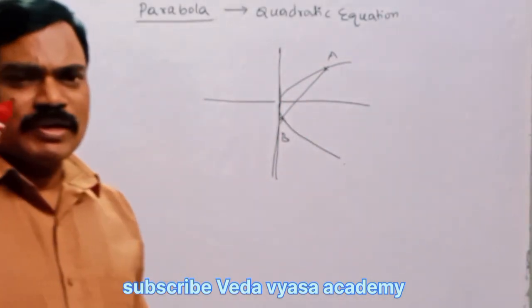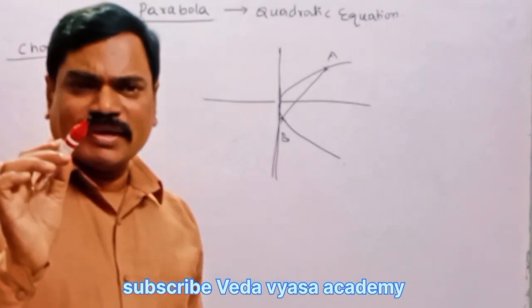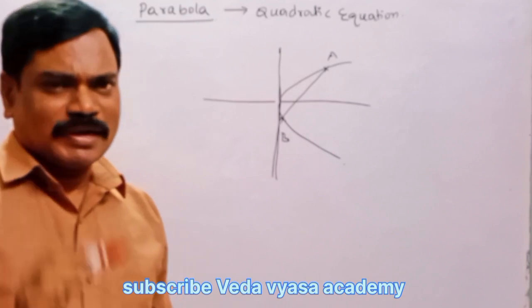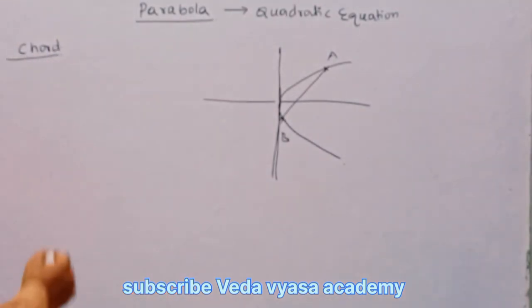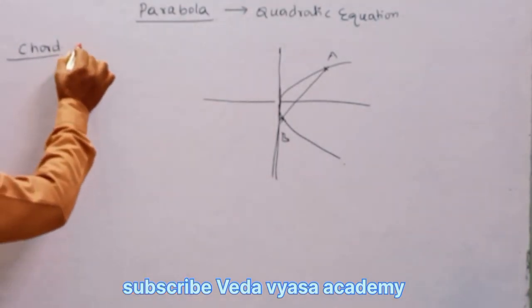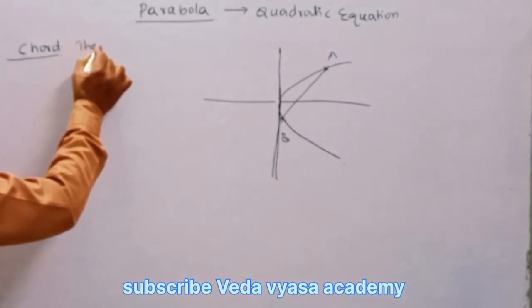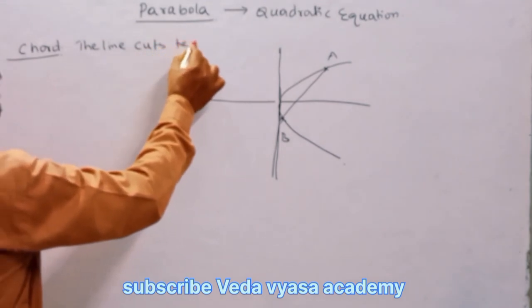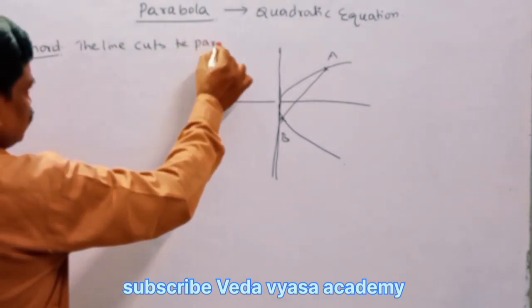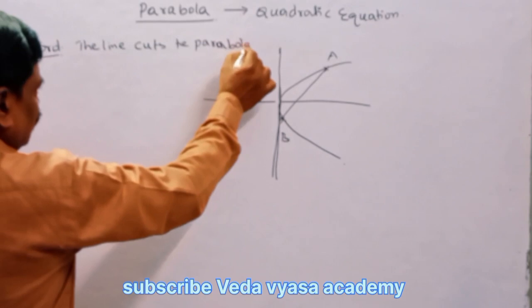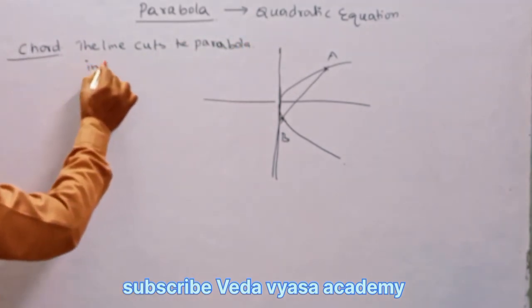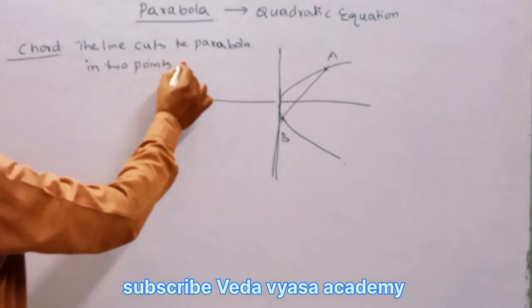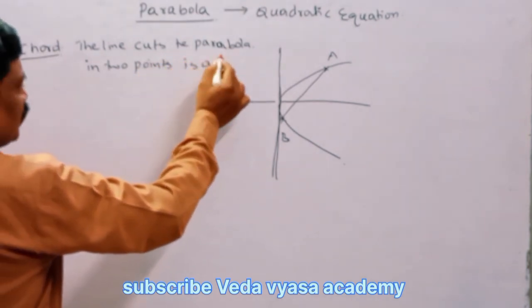A line that cuts the parabola in 2 points is a chord.